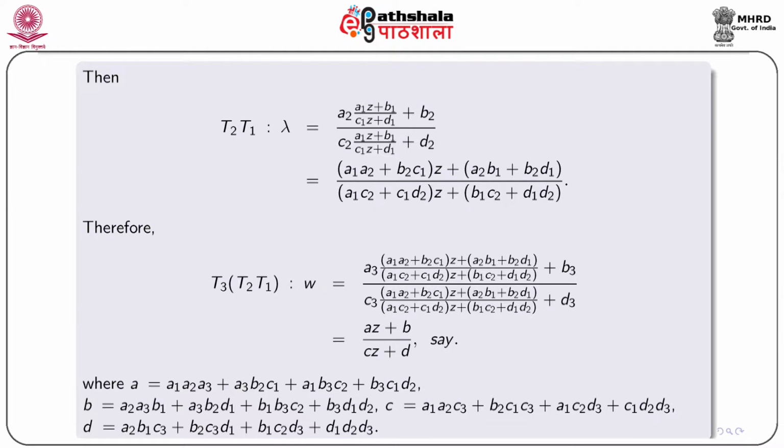Then we find the composition T2 T1, which is obviously lambda equal to ((A1 A2 plus B2 C1) z plus A2 B1 plus B2 D1) by ((A1 C2 plus C1 D2) z plus B1 C2 plus D1 D2), and therefore, we obtain T3 of T2 T1 is equal to w equal to (Az plus B) by (Cz plus D), where A, B, C and D are given by this.